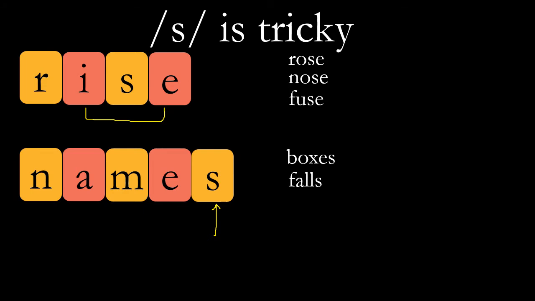And there are other times when S can make a Z sound, but these are two very common ones. So we'll get rose and nose and fuse. See how the S is between those vowels? And then we'll get boxes and falls and pans. And you see how the S is the suffix there. Okay, so we've already talked about that. Nothing really new here.